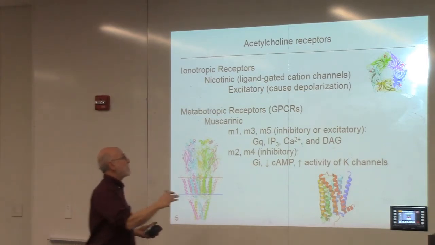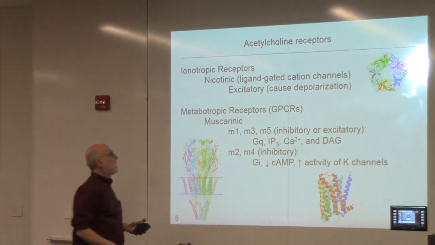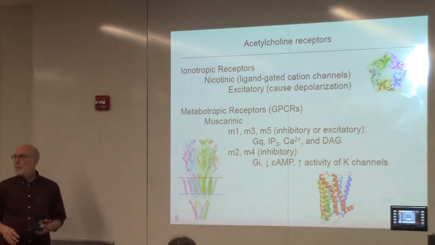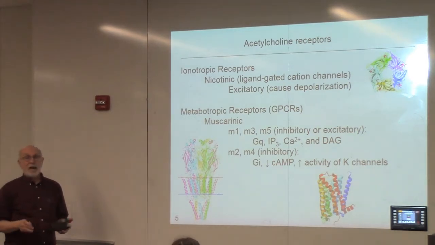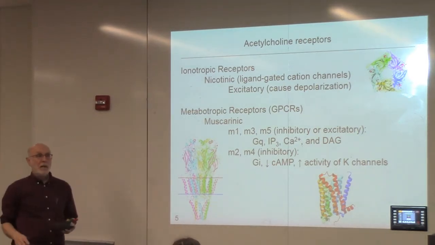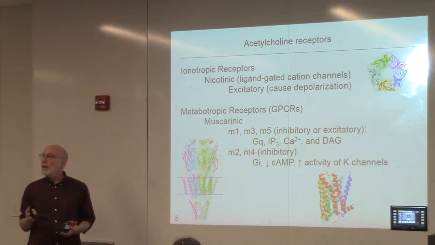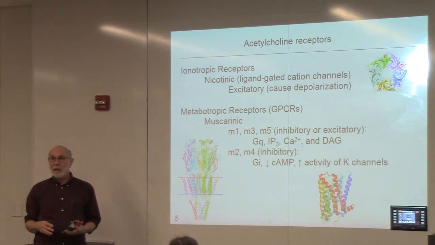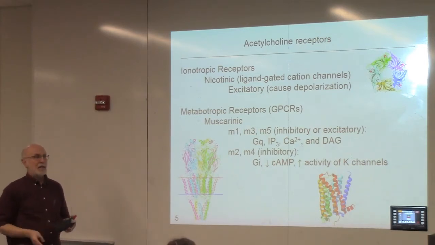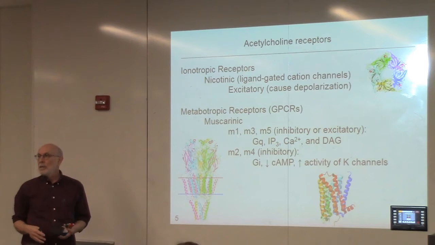I'm not going to ask you to know the subtypes of muscarinic or nicotinic receptors. There's probably 3 major subtypes of ionotropic, and you can see 5 different subtypes of metabotropic. If you go into advanced neuroscience, neurobiology, neurophysiology, this becomes important, but not here.